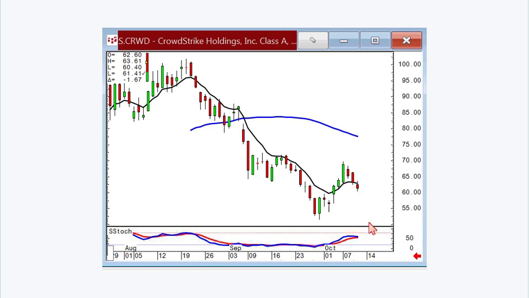Now that doesn't keep you from buying back on the next buy signal. But right now, with it closing below the T line, that indicator says when it closes below the T line, the probabilities are pretty strong that you're heading in the wrong direction.